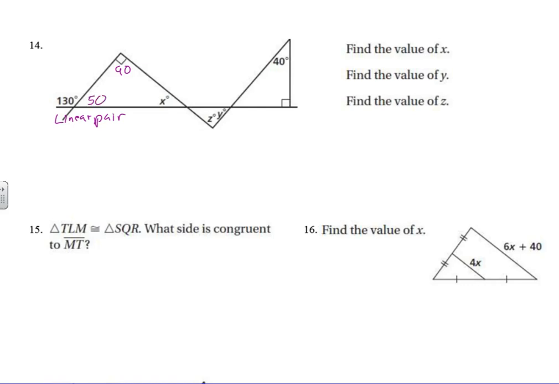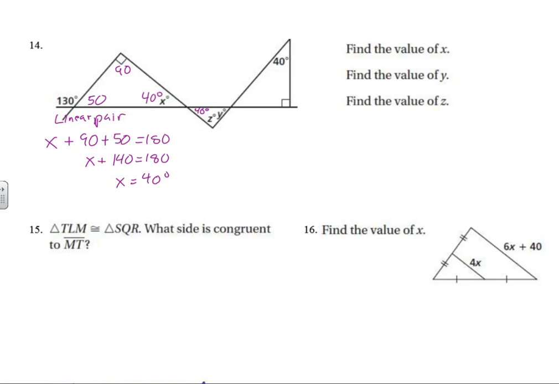What do they all add up to in a triangle? X plus 90 plus 50 equals 180. So x plus 140 equals 180, and x would be 40 degrees. That means that's a vertical angle, so that would be 40 degrees too.